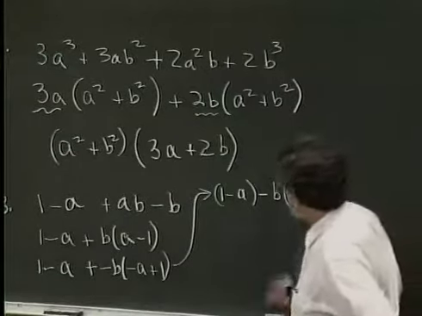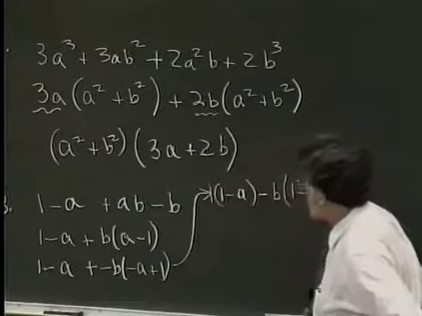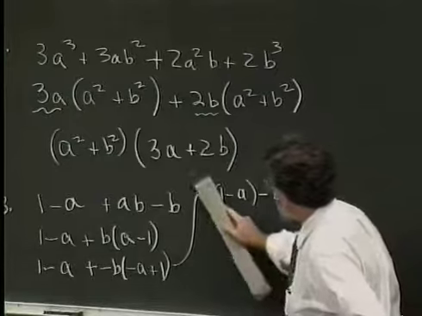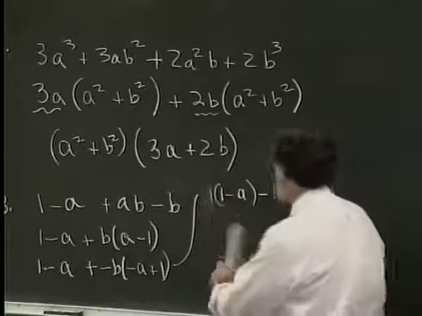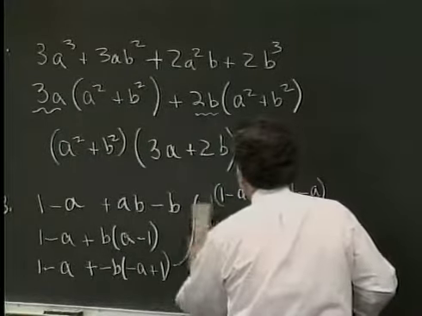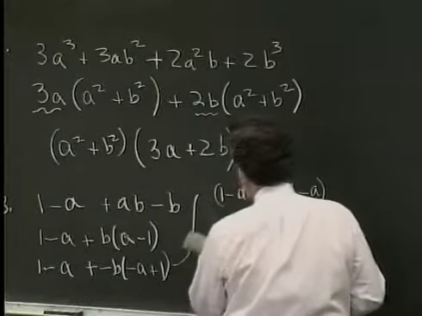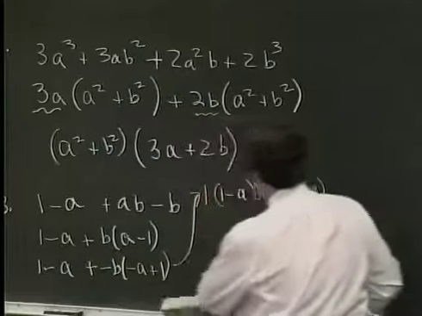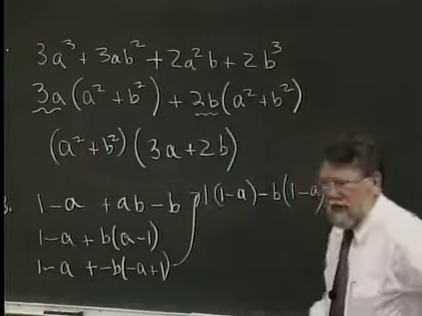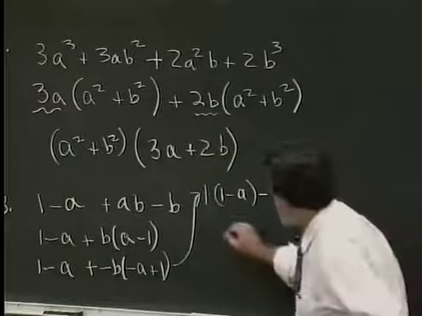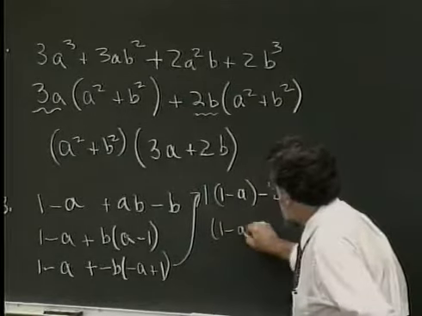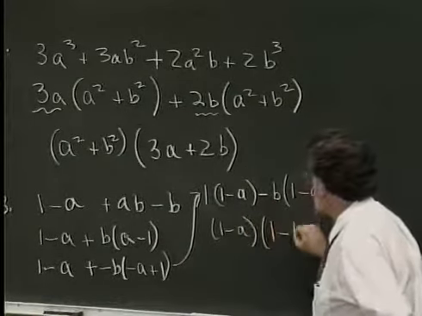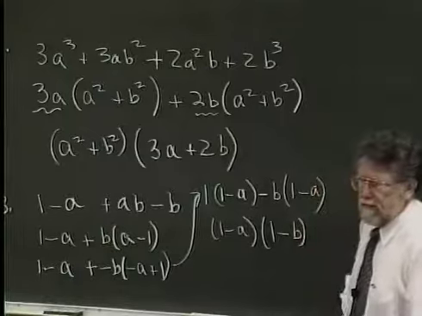Now I have 1 here understood, and I probably shouldn't make that look like a k that's backwards. So let's see if I can clean that up. I'm just making a mess up here now at this point. But I'm going to put an arrow here and have the 1 there. So now the 1 minus a is a common factor. So 1 minus a, and I'm left with 1 minus b, and done.